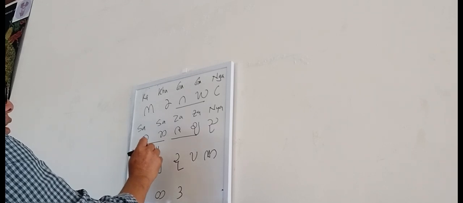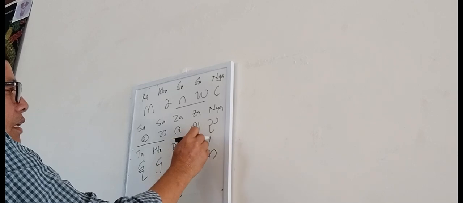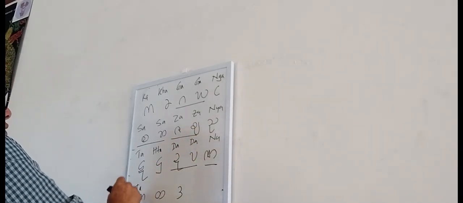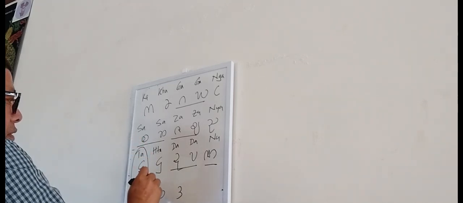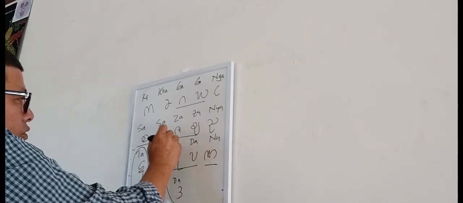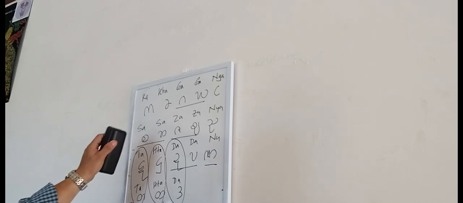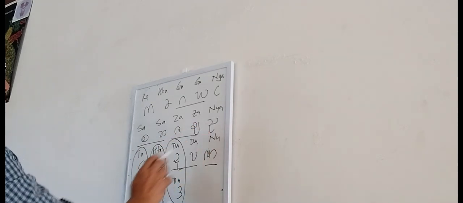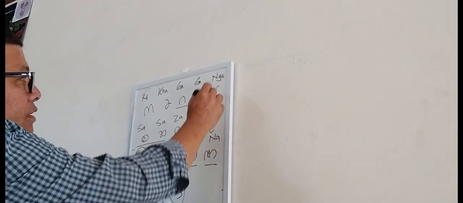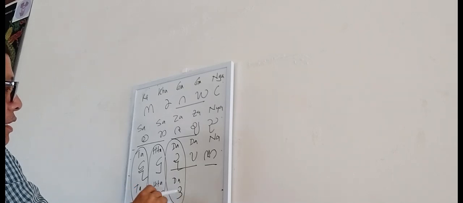Ta, ta, these two are the same, da, da, na. Ta, these two are the same, da, these two are the same. So ka, ka, ga, ga, nga, sa, sa, za, za, nya, ta, ta, da, da, na. Remember these are different: nga, nya, na, ta, ta, da.